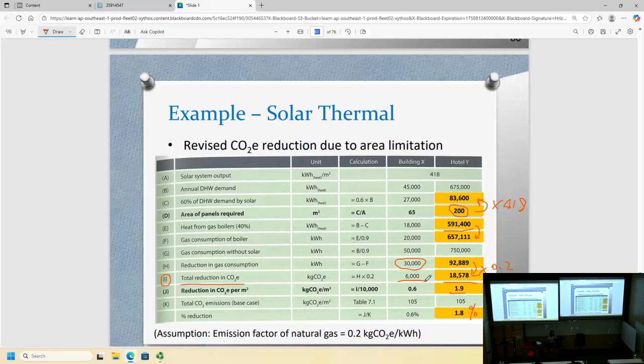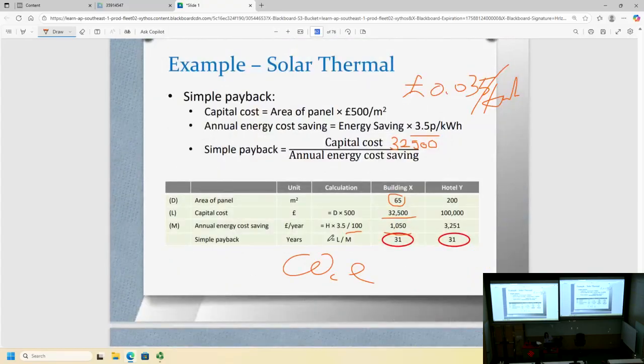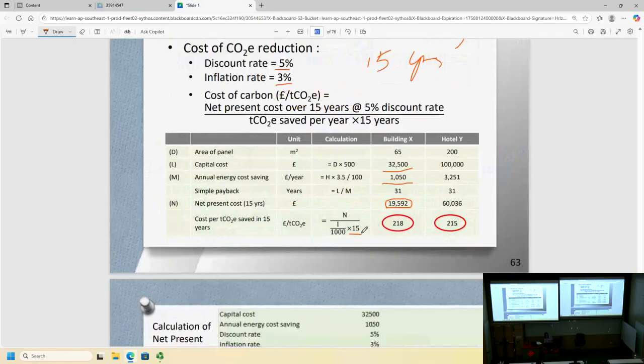If we want to convert it into tons of carbon dioxide equivalent, we just divide it by 1,000. So 6,000 divided by 1,000 is 6 tons of carbon dioxide equivalent every year. And for 15 years, we multiply by 15. So this item is the reduction of carbon dioxide in 15 years.